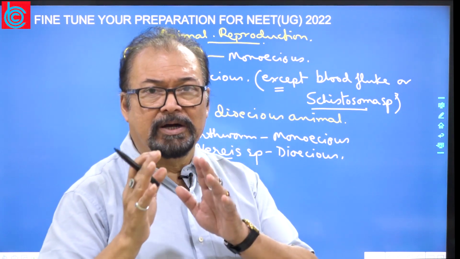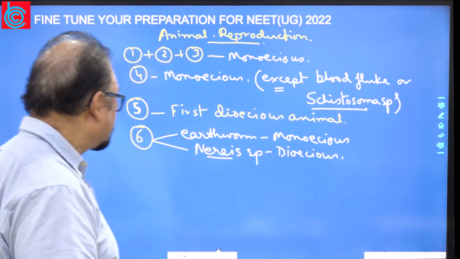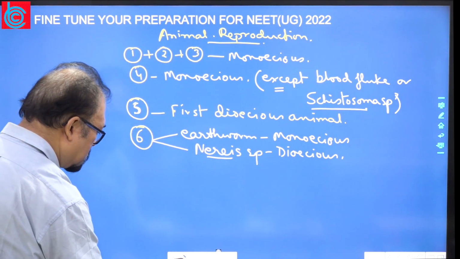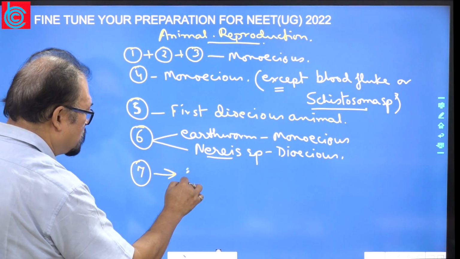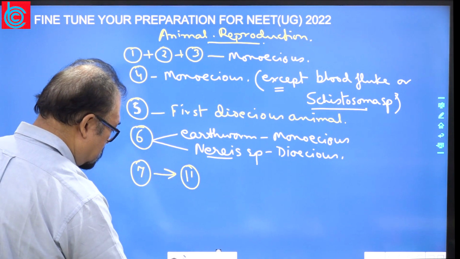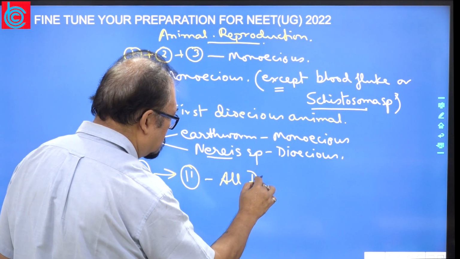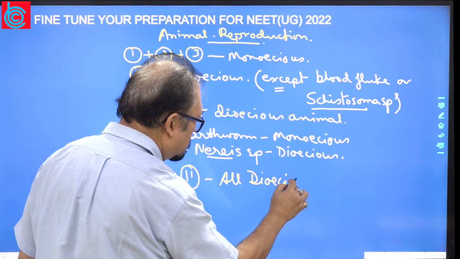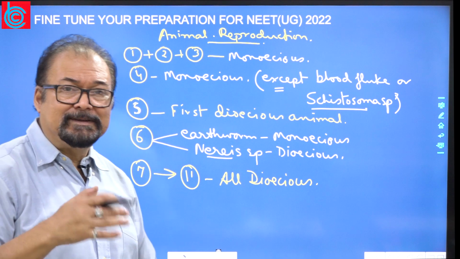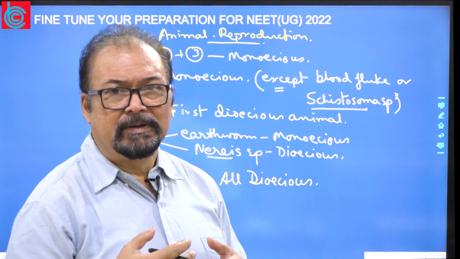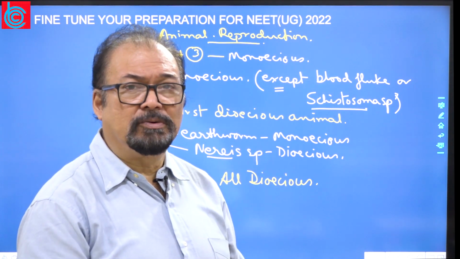In the earthworm, the testis and the ovary, they are present in the same animal. From Arthropoda up to Chordata, all dioecious. So the first dioecious phylum is Aschelminthes, but again in the earthworm, Annelida, the monoecious condition is there.